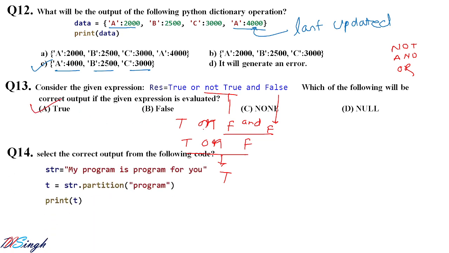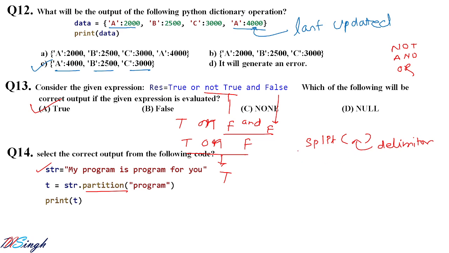Let us go for the next question and select the correct output for the following code. Again you have a string, and then you have the split and partition functions. The split function returns a list. A delimiter is passed to it, and on the basis of the delimiter you split the string.